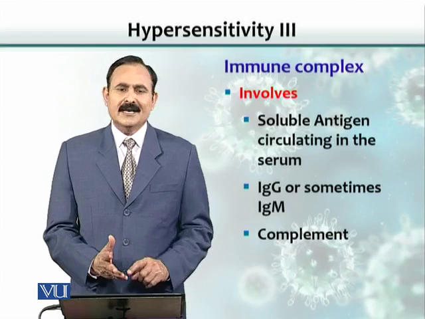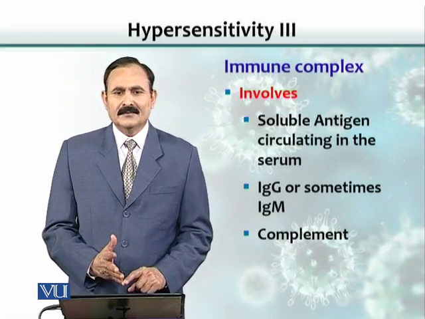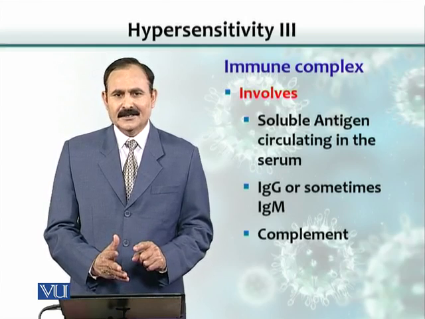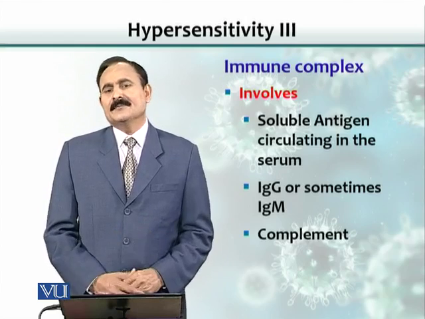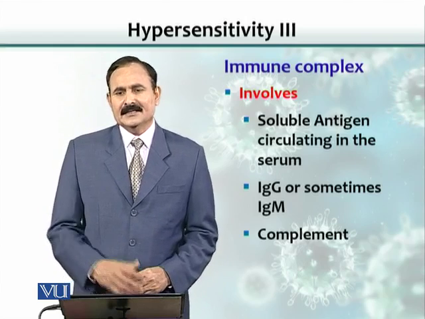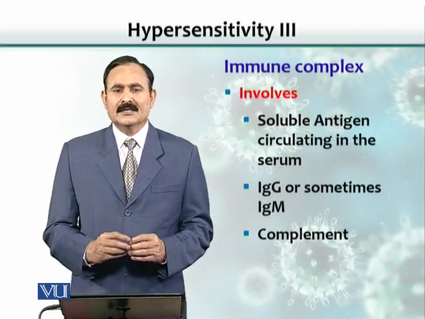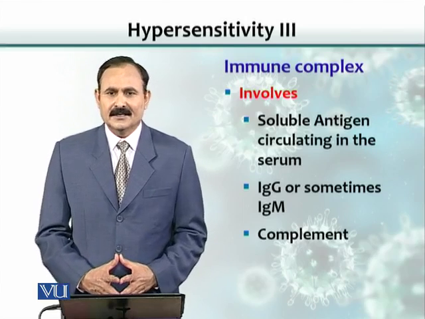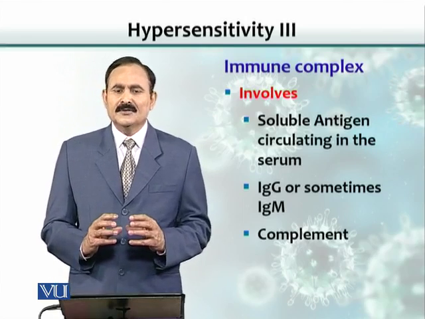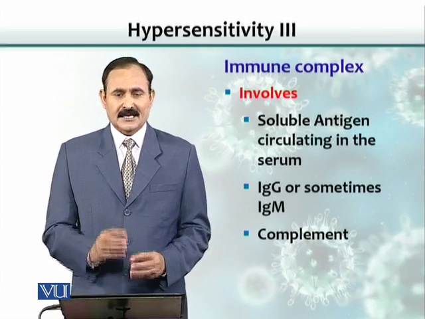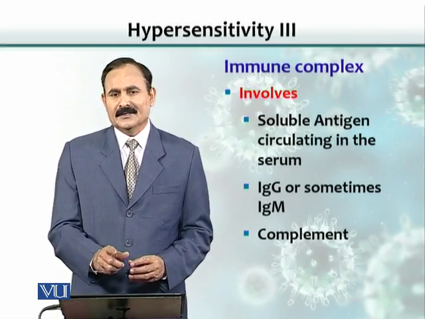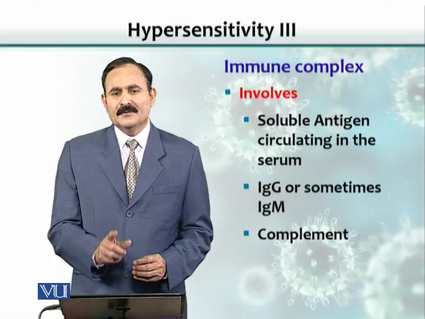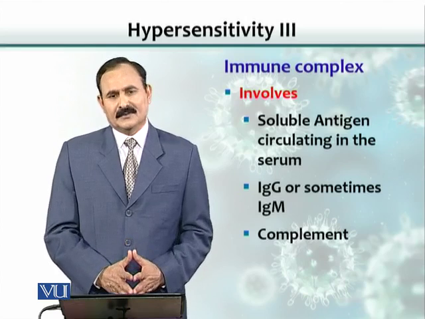Any antigen that enters the body, by the rule of immunity, would induce antibody production, and the body tries to clear that antigen. Immune complexes are formed because this antigen is soluble, so it would be found mostly in the body fluids.